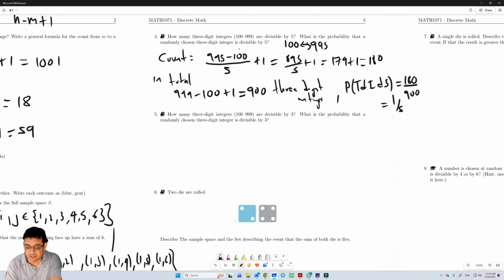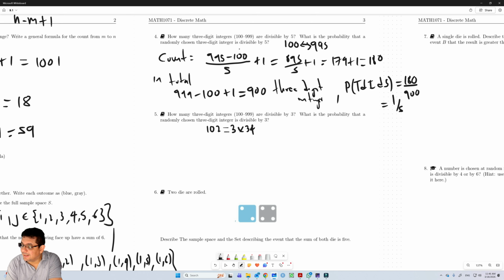Now, the one below is kind of the same thing. How many 3-digit integers from 100 to 999 are divisible by 3? We already have all the numbers from 100 to 999, so we're not going to calculate this again. But we can calculate how many are the multiples of 3. The first multiple of 3 is actually 102, which is 3 times 34.